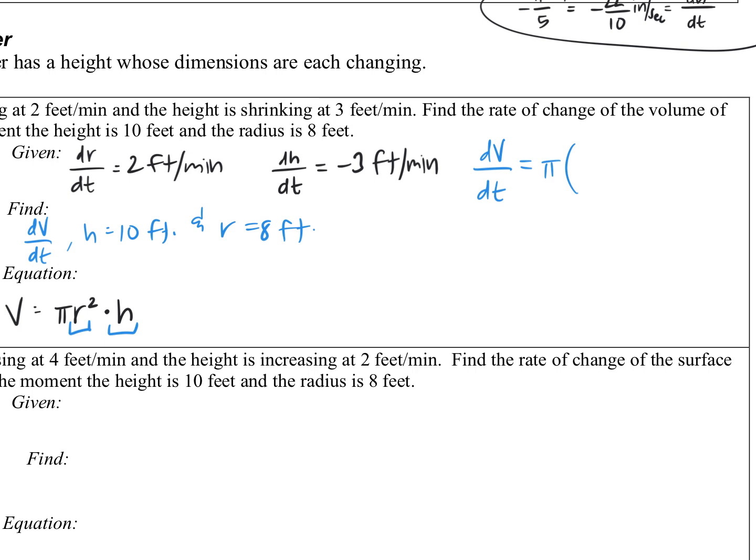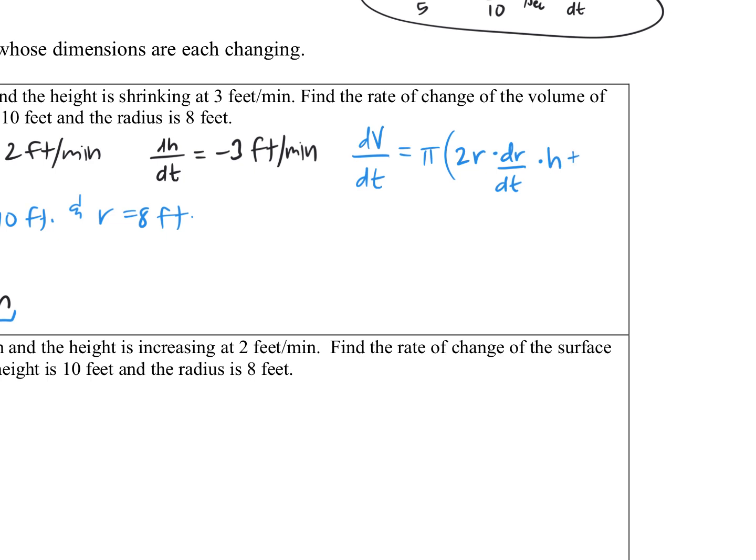I'm going to take the derivative of r squared, so that's 2r times dr/dt times h, the derivative of the first one times the second one, plus the derivative of h, which is dh/dt, and then times r squared. Again, your order of those things might be different depending on how you take the derivative using your product rule.